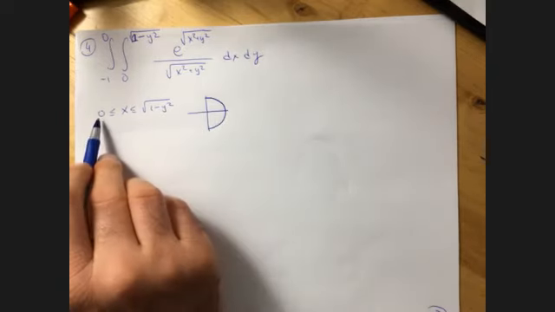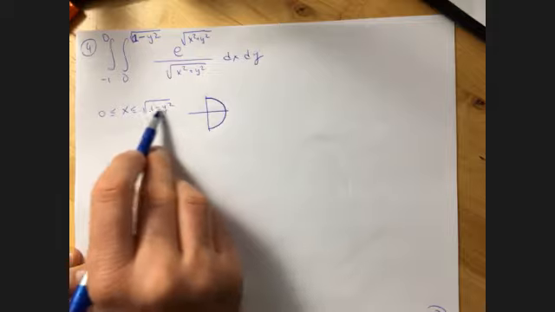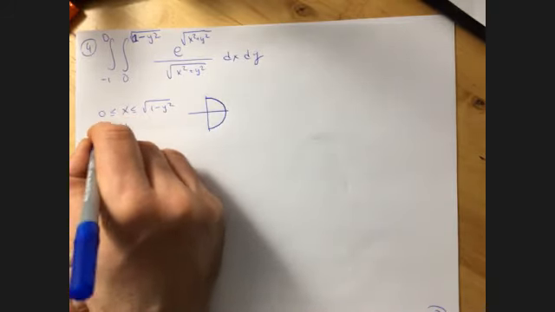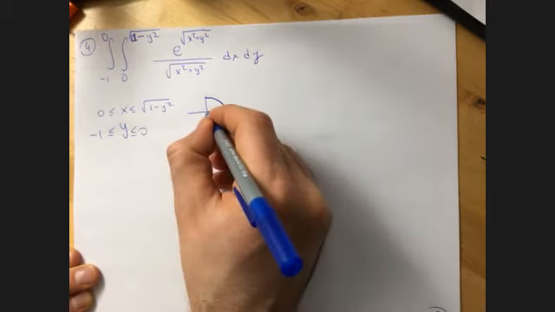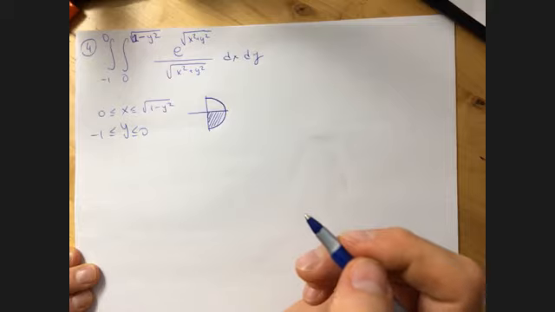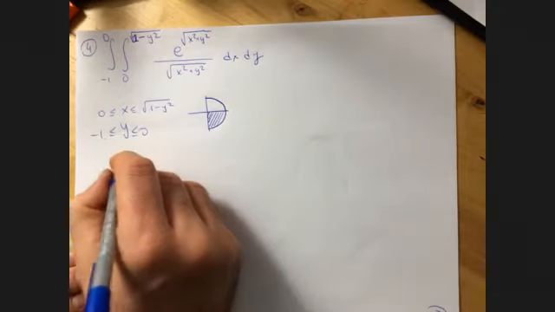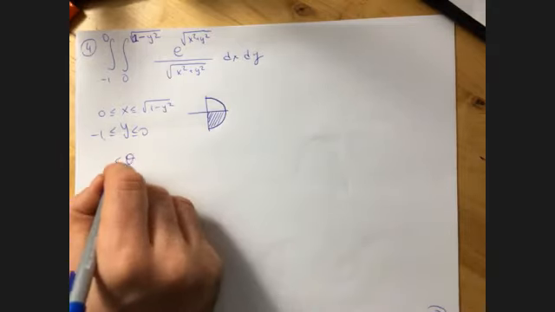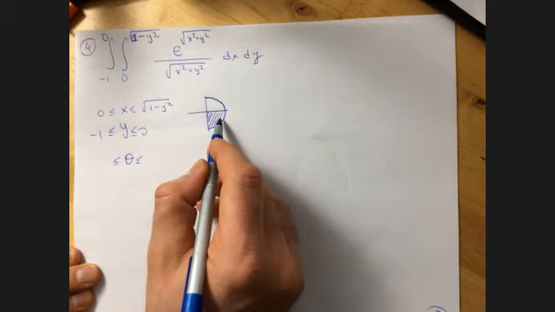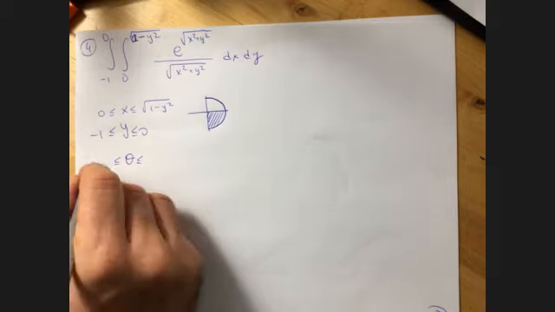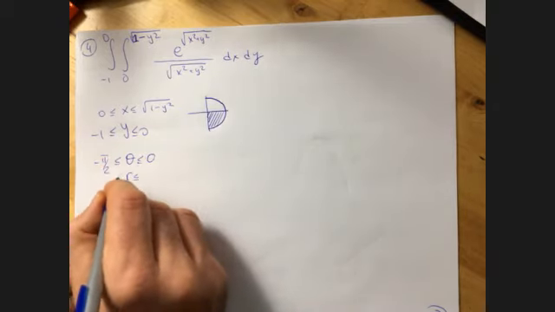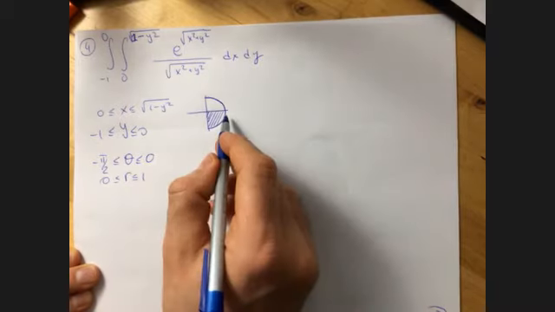Okay, that means x is greater than 0 and less than this curve, and now y is between -1 and 0, so that means we're just talking about this quarter of a circle. Now theta, how to describe this quarter circle. That means that theta goes from -π/2 to 0, and obviously r goes from 0 to 1, it's the unit circle.